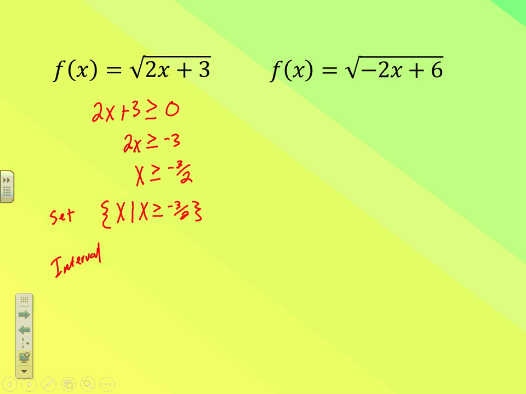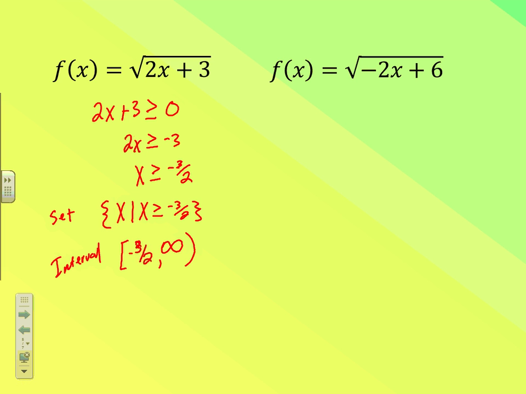So x has to be everything that is negative 3 over 2 and bigger. So we are going to say it can actually be the negative 3 over 2, so we'll use the bracket, negative 3 over 2, and it can go all the way up to positive infinity. So that's how we would write that one in interval notation.